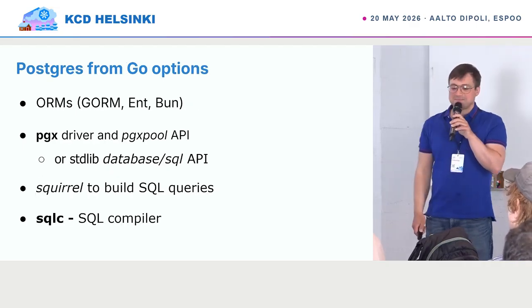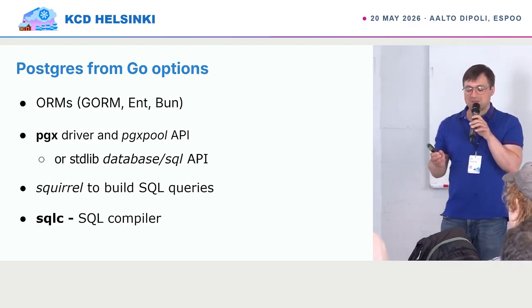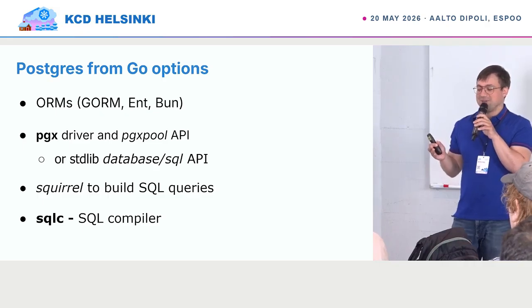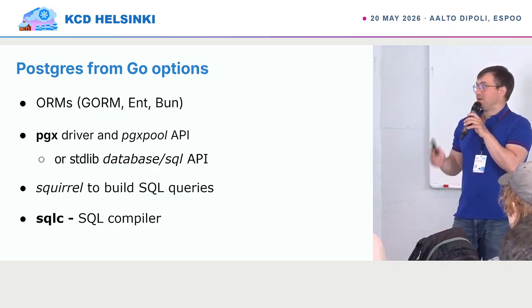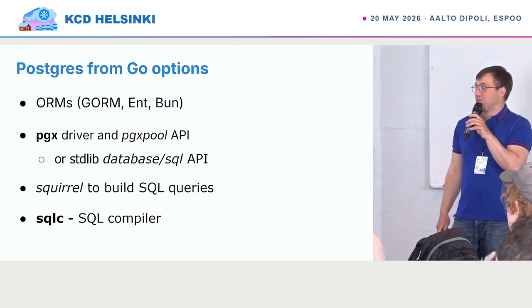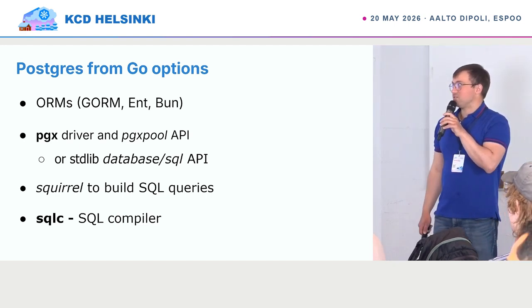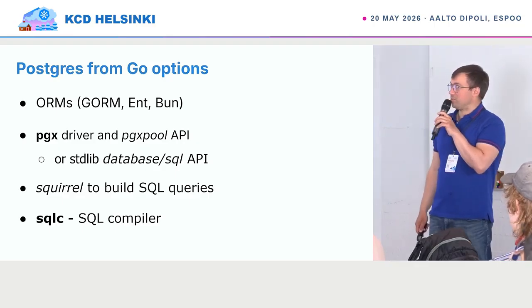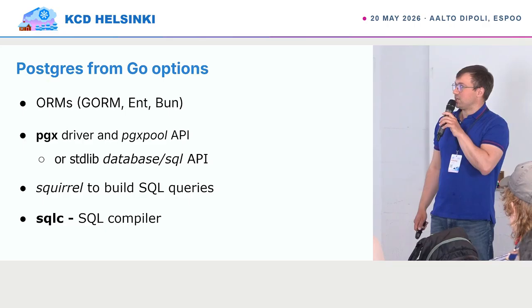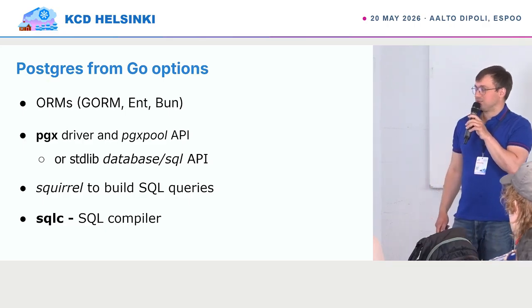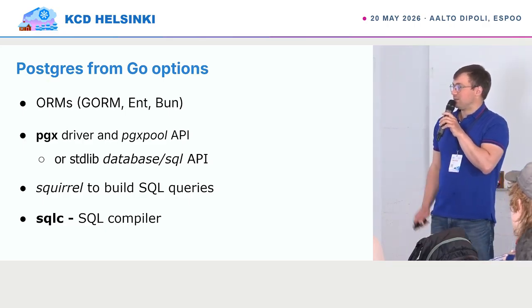All right. This talk is about how to talk to Postgres from Go, and there are multiple options. One of them is ORM, which stands for Object Relational Mapping. There are multiple tools available in Go, which I don't recommend using myself, because there are better tools, at least in the Go landscape.